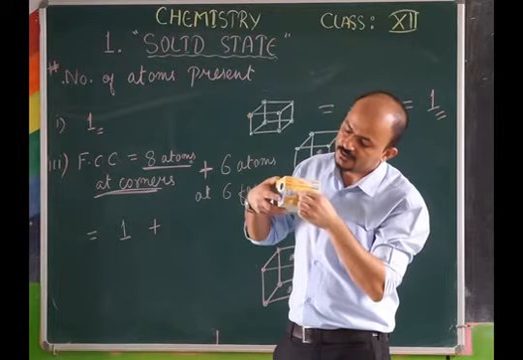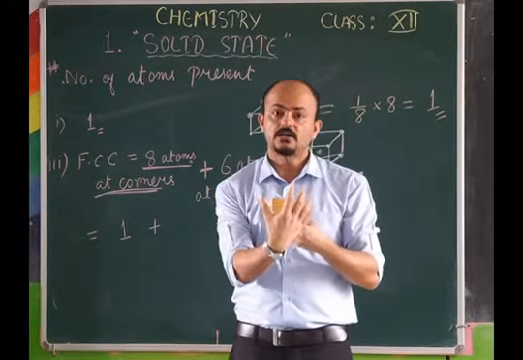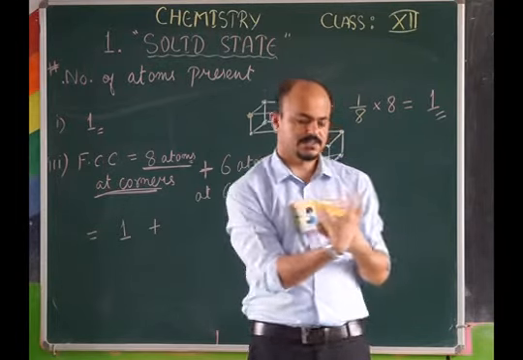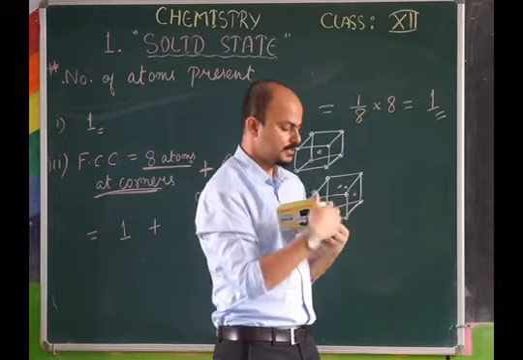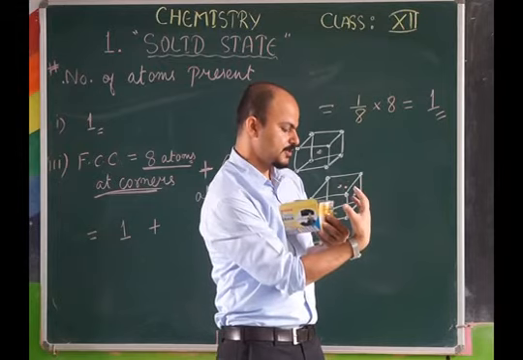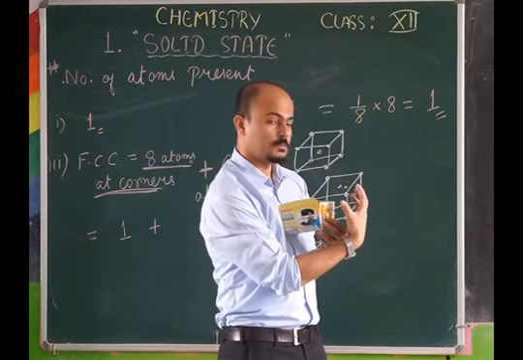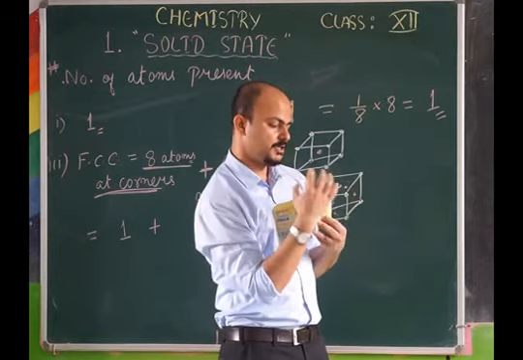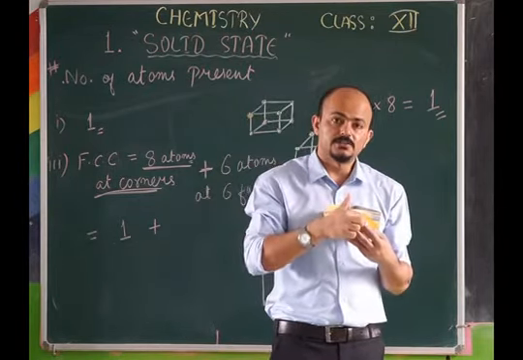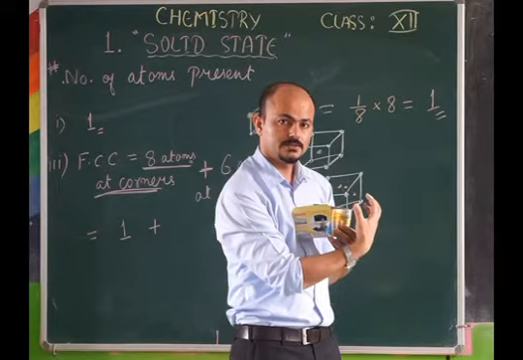Then it will be shared with another cube, the one present here, and suppose this chalk box is lying here. This constituent particle will be shared between 2 cubes. It won't be shared with any other cube. Therefore, it is being shared with how many cubes? 2 cubes, yes?